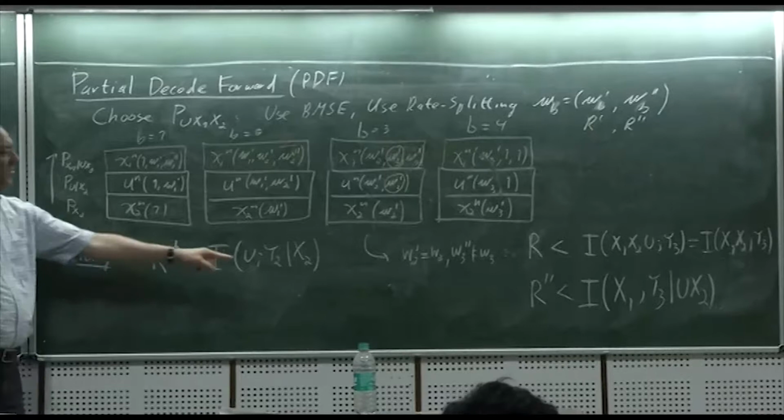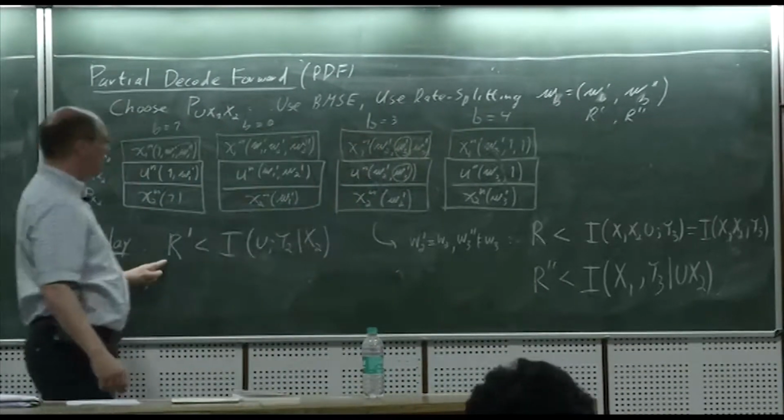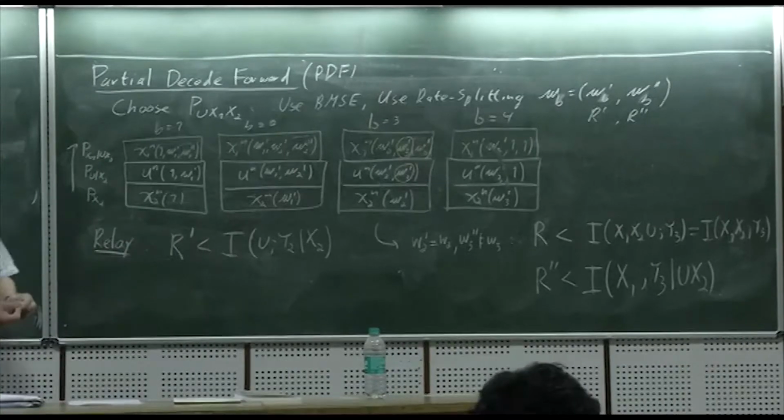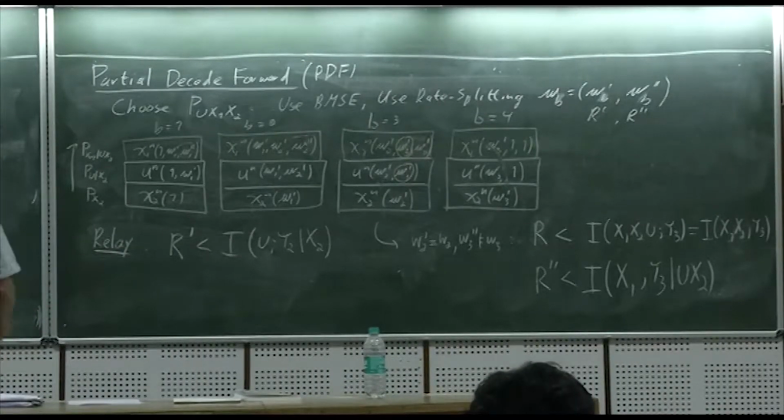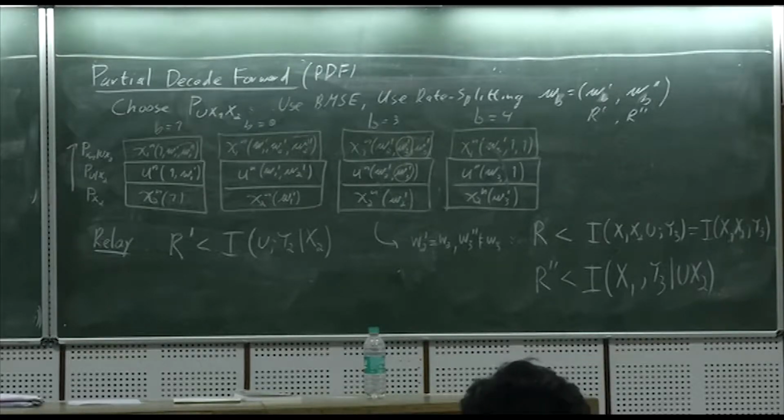Now I just add these two up, right? Fourier-Motzkin elimination will just add these two. So I get two bounds on the partial decode forward rate. So let's look at this R_PDF, which in general generalizes decode forward, because decode forward is a special case of this.